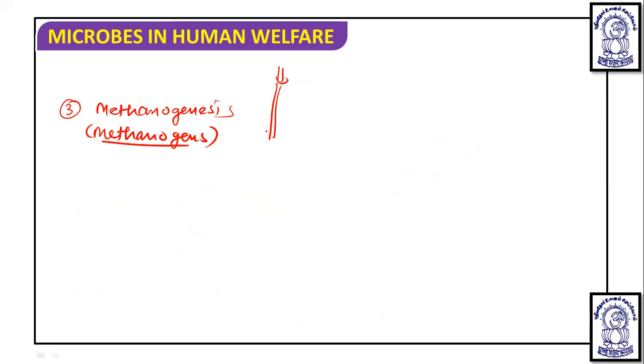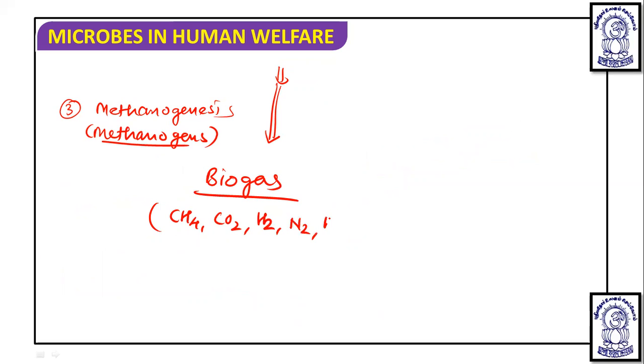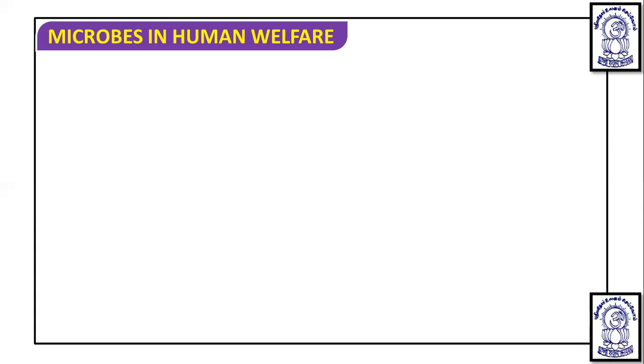And these methanogens are going to produce biogas, and this biogas contains CH4, CO2, H2, and H2S. Okay, so that is all about how this biogas is produced in the concrete tank. And that is how a biogas plant works.